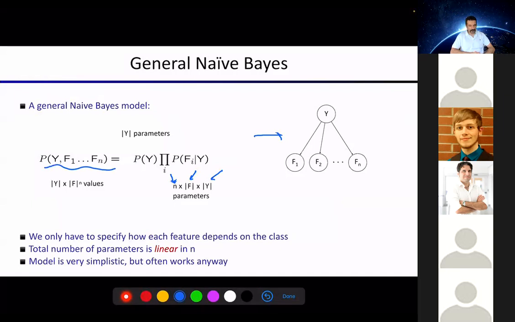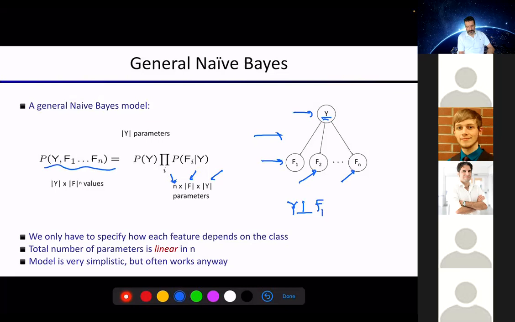Could you elaborate on the meaning of the arrows? The meaning of the arrows is the dependence between 2 variables. So this means that y is dependent on f1, f2, and fn. So in a probabilistic sense, y is not independent.